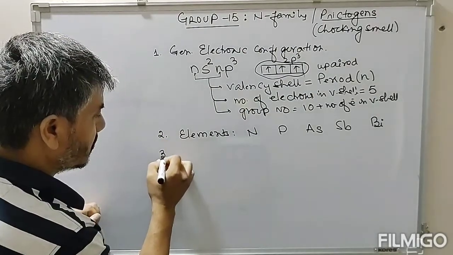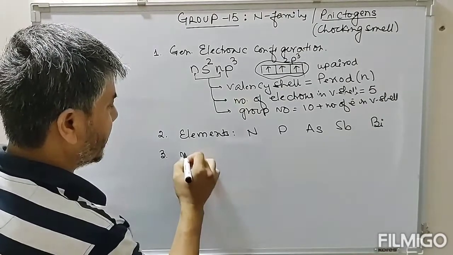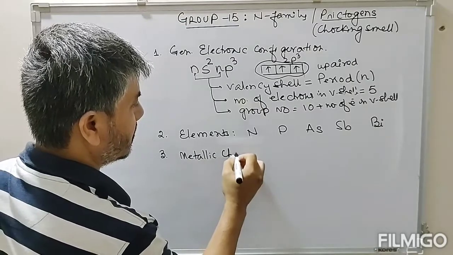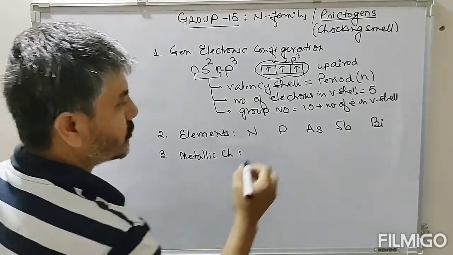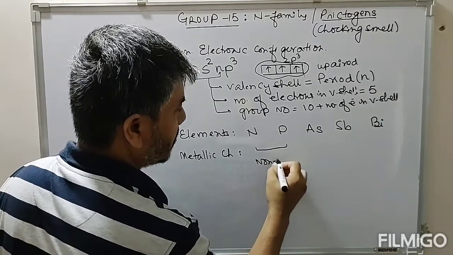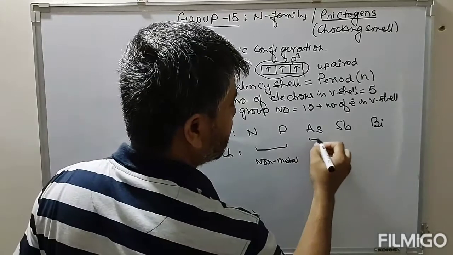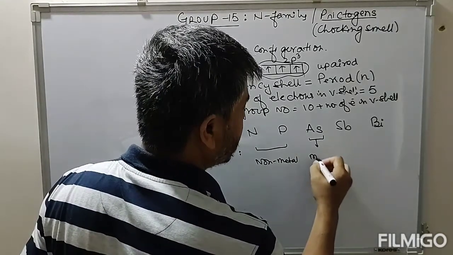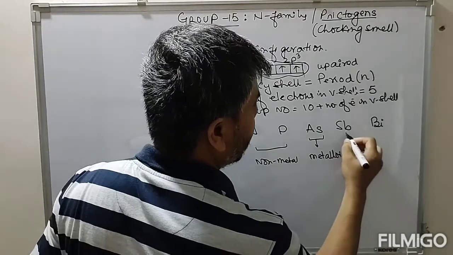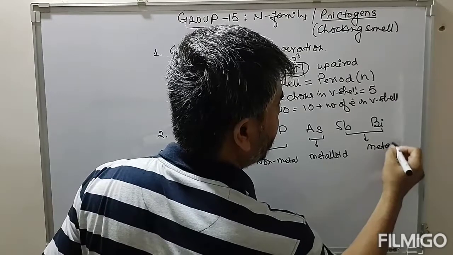Now the metallic character. Nitrogen and phosphorus, these are non-metals. Arsenic is a metalloid, and antimony and bismuth are metals.